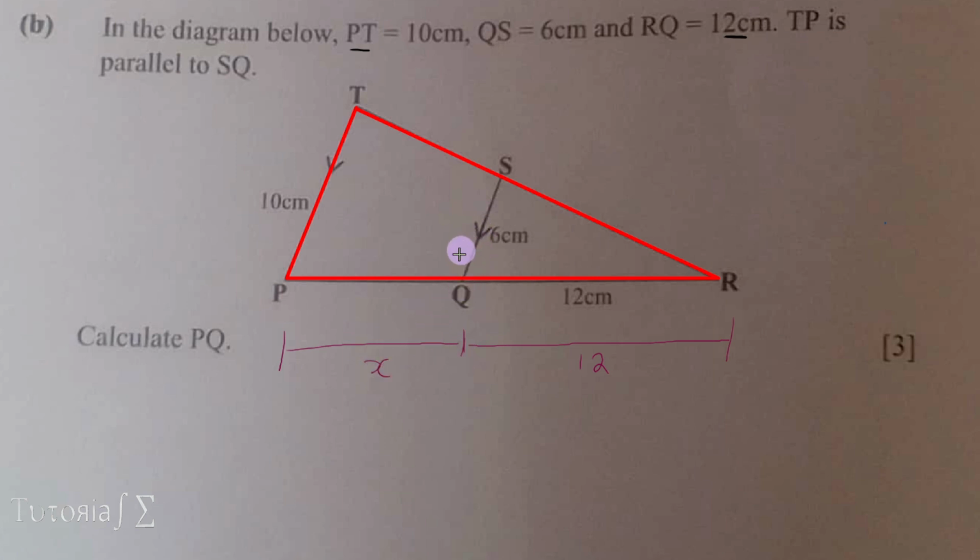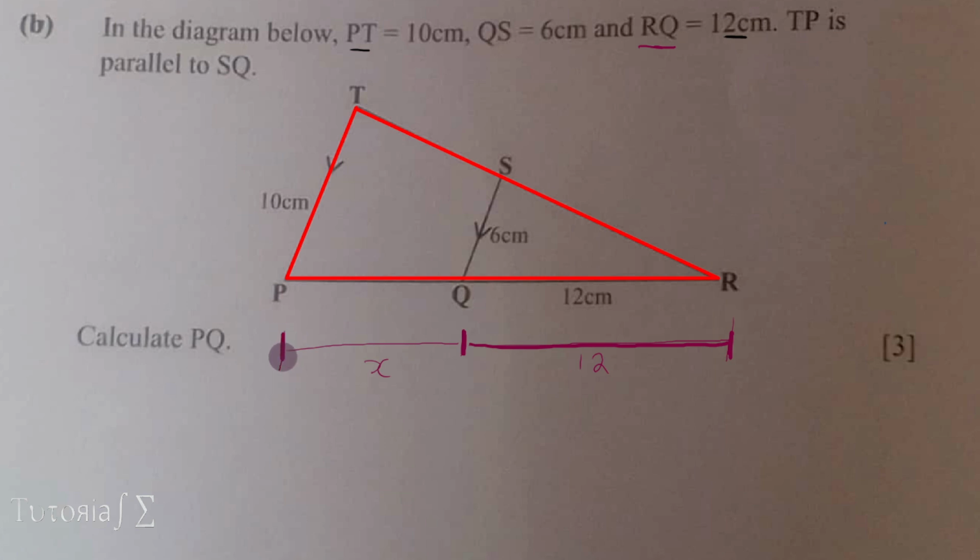Okay. So if we were to pull out this big triangle, let me just increase the pen size here. We have been told that RQ, which is from here to here, is 12 centimeters. And we don't know this length of the big triangle.